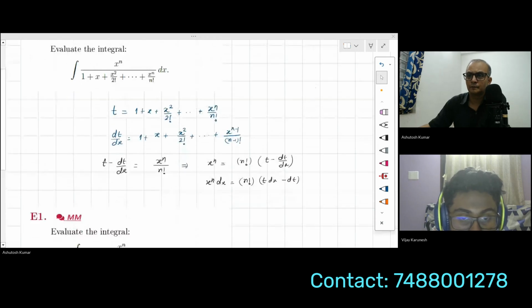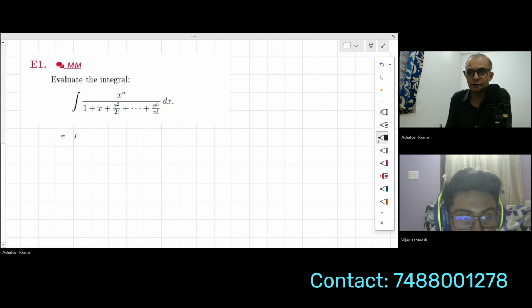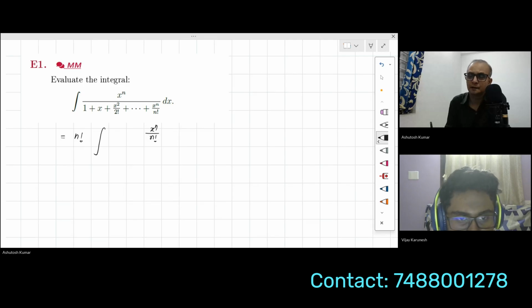Suppose I'm taking this n factorial out, and I'm dividing this x to the power n by n factorial. I'm dividing the n factorial with this. What is the benefit of it?